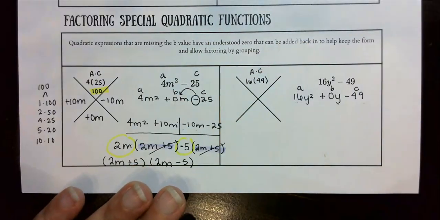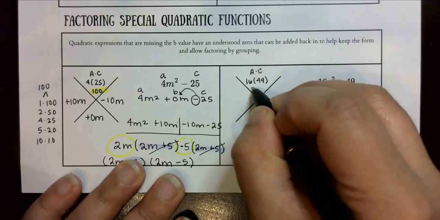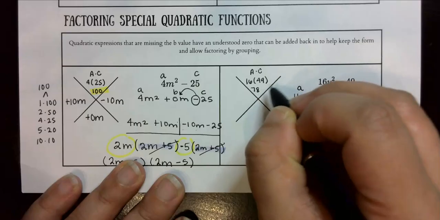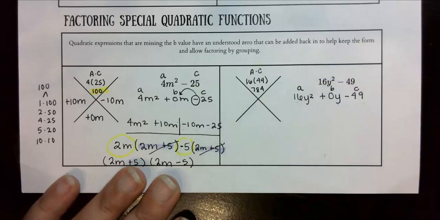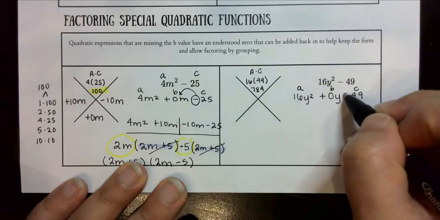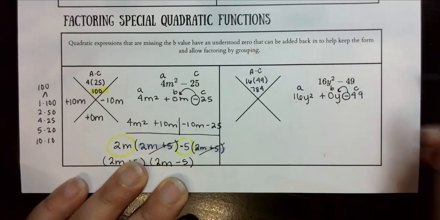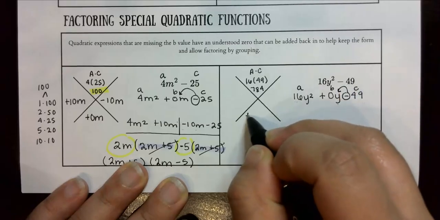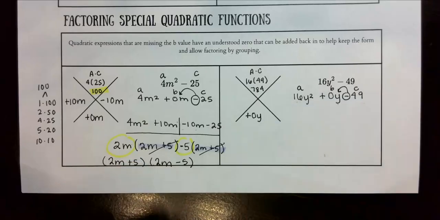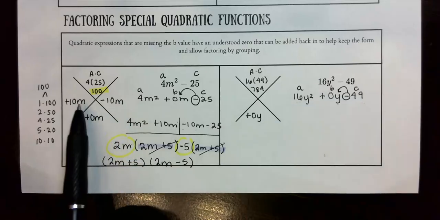So if you take 16 times 49, we're going to get this big number, 784. And we're looking for numbers that subtract to be 0. So a positive 0y. Now keep in mind what happened over here.